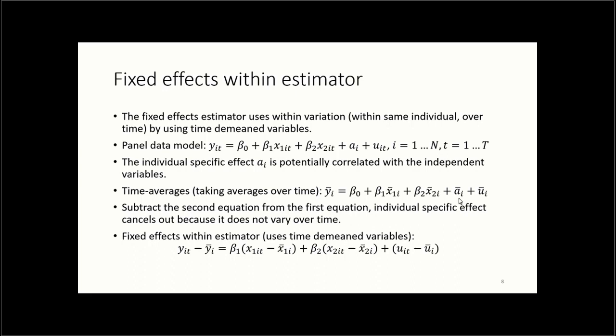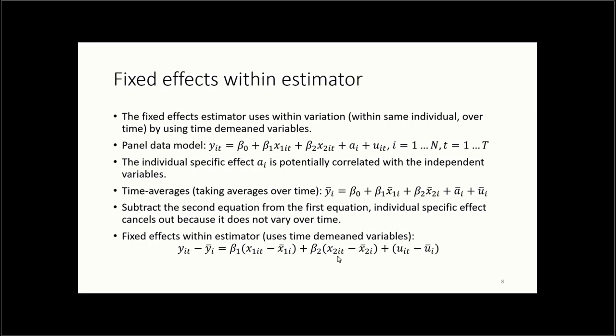And so we're calling these variables now the time demeaned variables. Why? Because we are taking the mean over time and then we're removing it from the original variable. So if we take the mean away, we call that a demeaned variable, and it's time demeaned because this average is taken over time.